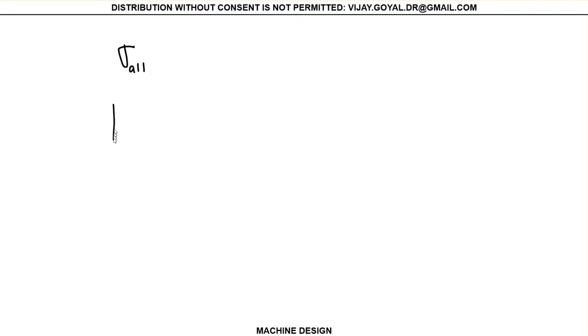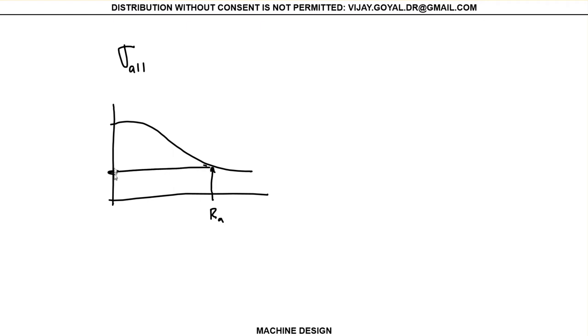The allowable is going to come from your J.B. Johnson analysis. It's going to tell you for a certain slenderness ratio, how much is the maximum load you can have.